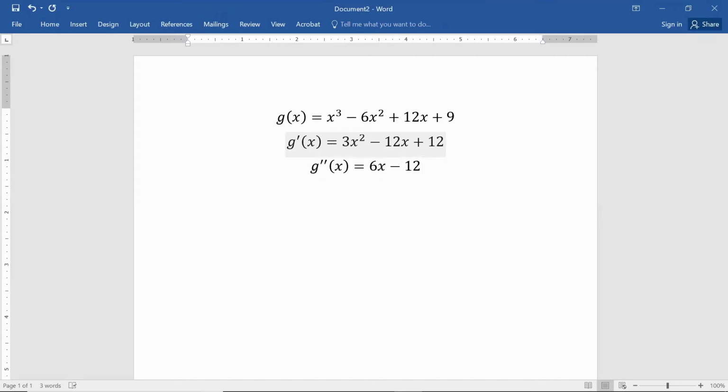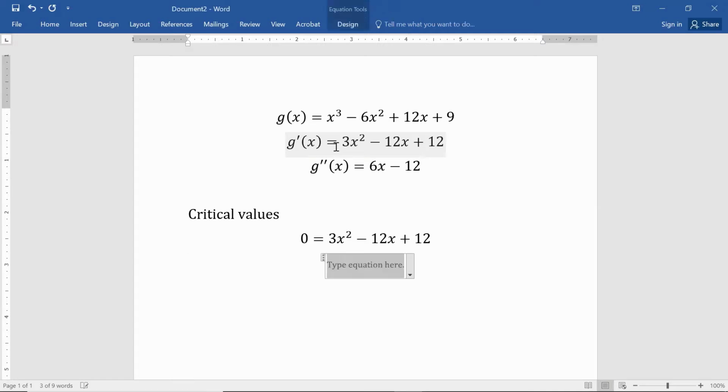In order to find the critical points, we first find the critical values. The critical values happen when the first derivative is 0. So we set 3x squared minus 12x plus 12 equal to 0. We can solve that by dividing both sides by 3. You end up with x squared minus 4x plus 4.